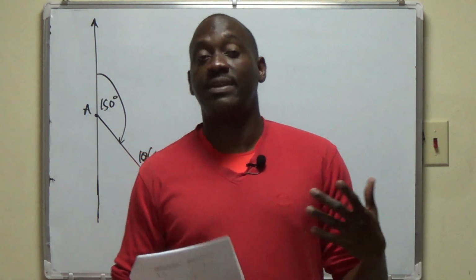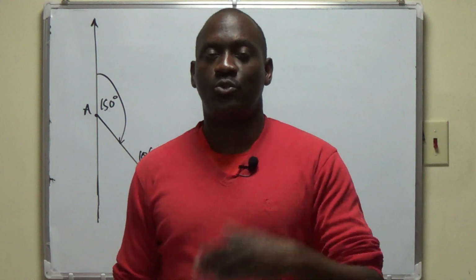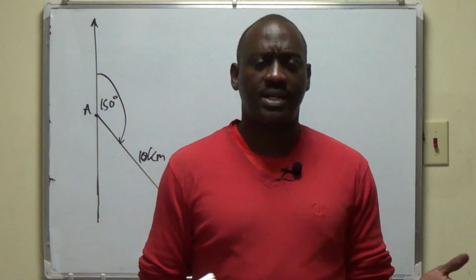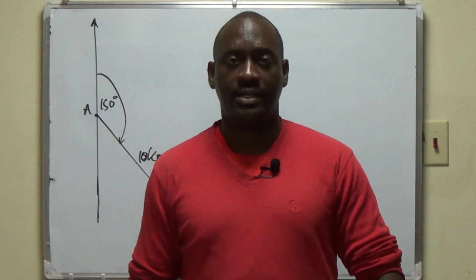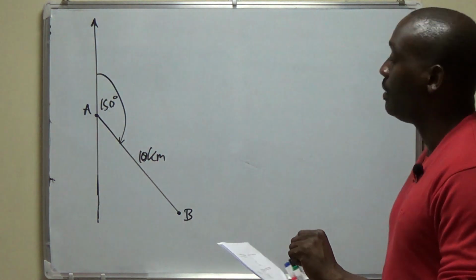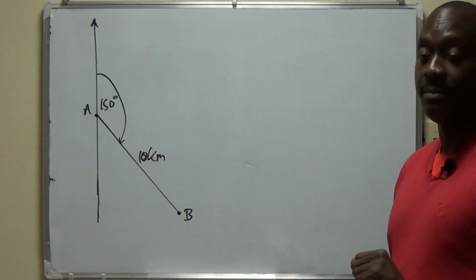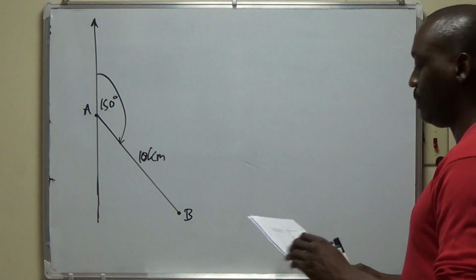Sometimes in the question they will even ask you specifically to draw a diagram. They'll probably give you 2 or 3 marks for the diagram and then do your calculations. But in this case, we actually have the diagram given to us, so we could start the work.